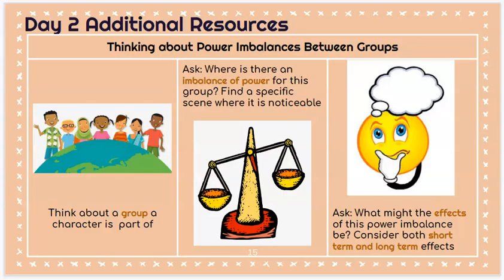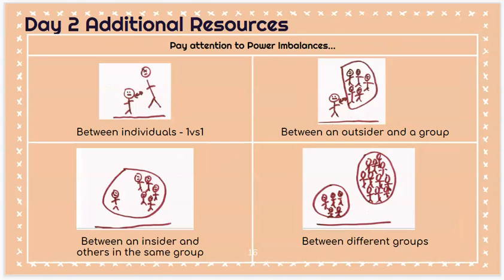But something else that I want you to keep in mind is that the power imbalance can be happening in several different places. It doesn't always have to be between 2 different groups. This is the one that we're most familiar with because we think, okay, it has to be 2 totally, completely different people. It could also be happening to 2 people, one-on-one. Take a look at Parvana and the relationship that she has with her siblings.